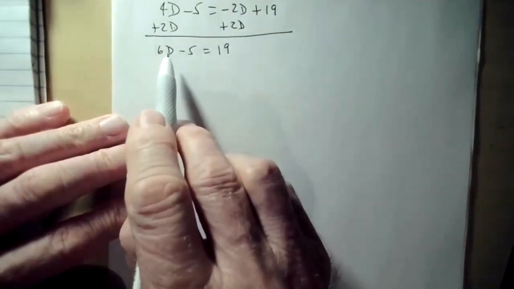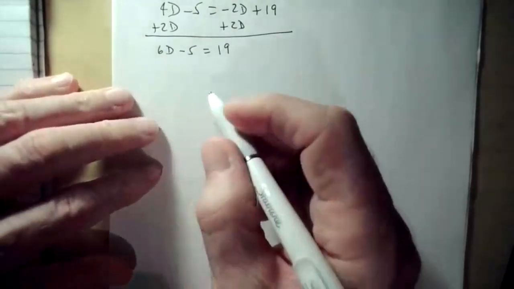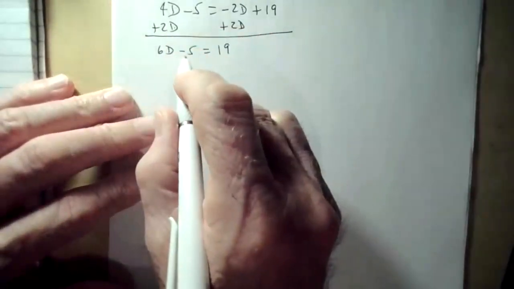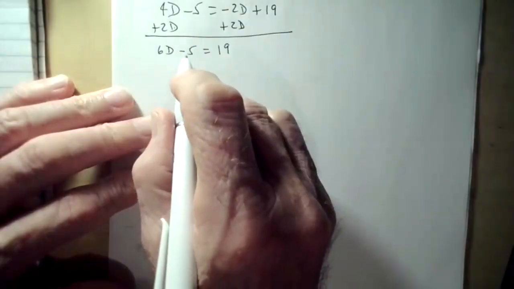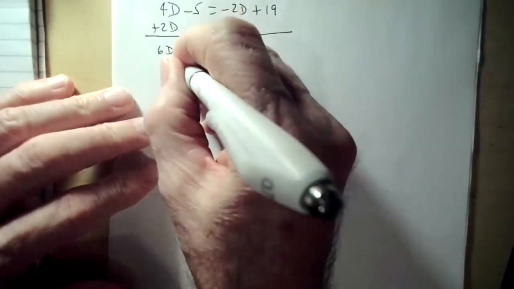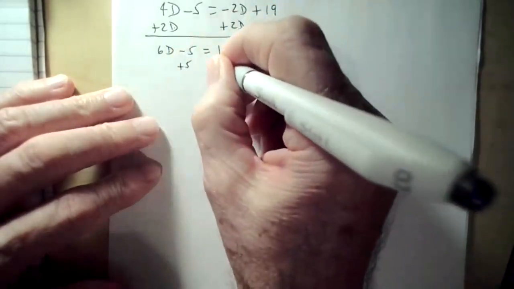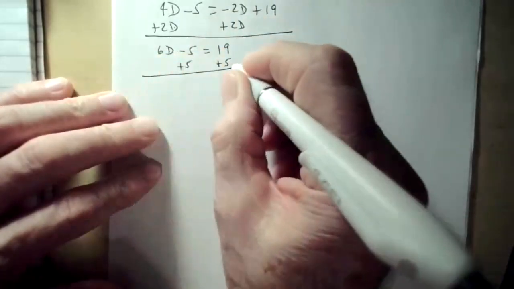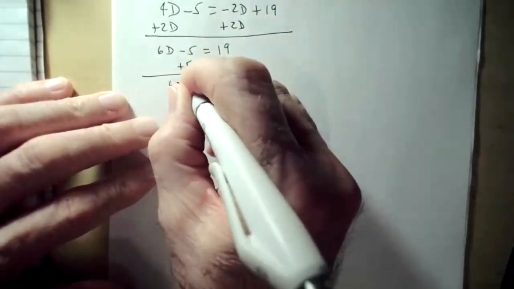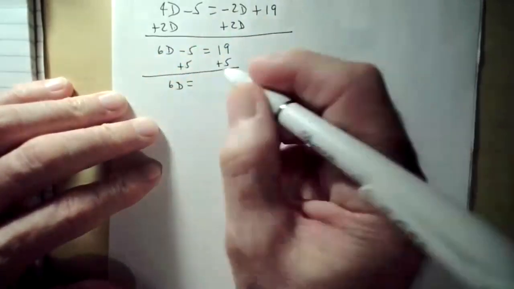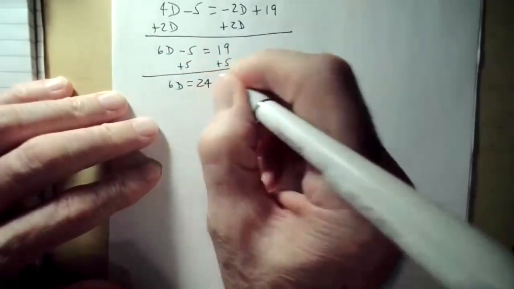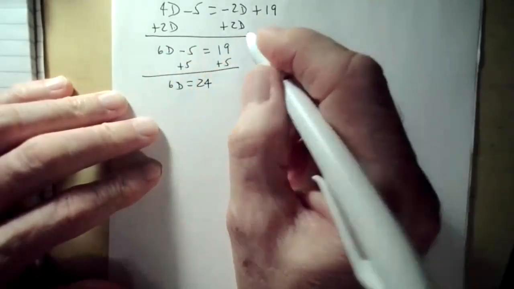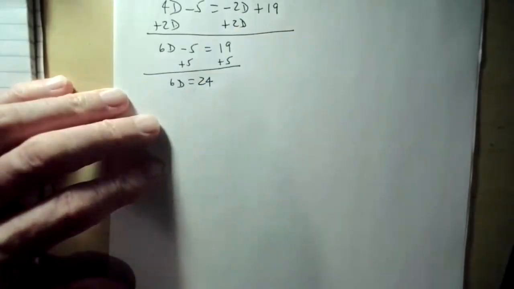Okay. Now we have this same problem that we had a couple pages ago. Now we want to move the addition subtraction first. So we're going to add 5 to each side. And we have 6D equals 24. 19 and 5. I think that's right.